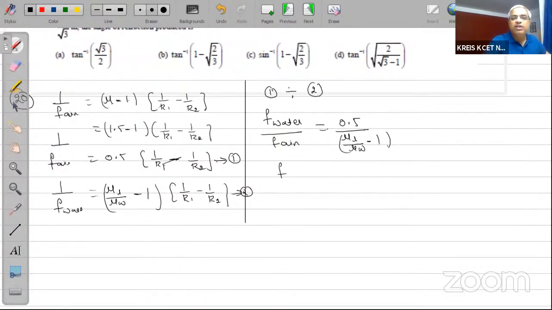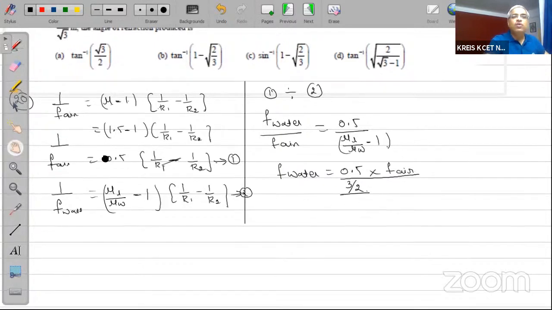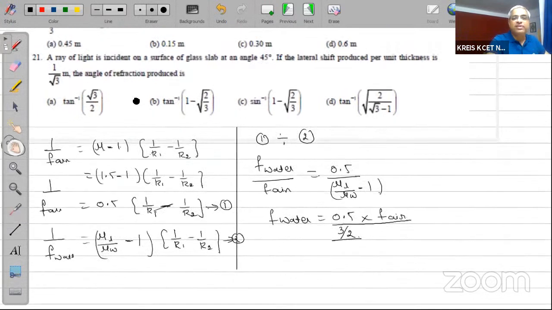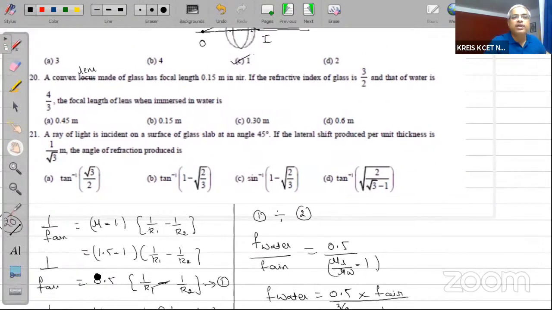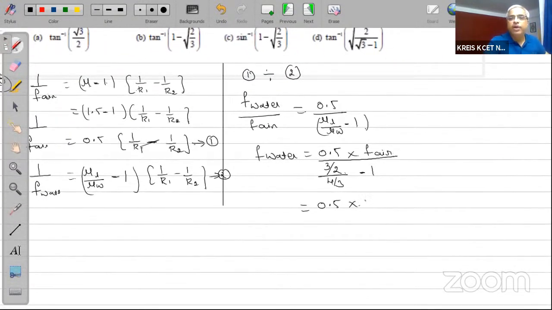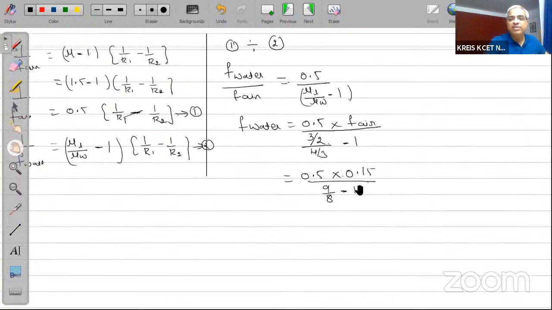And therefore, what is the focal length in water? It is equal to 0.5 into focal length in air divided by (refractive index of lens 3/2 divided by refractive index of water minus 1). What is the refractive index of water? It is given as 4/3. So we have 4/3 minus 1, and therefore I get 0.5 into the focal length of the lens in air, 0.15, divided by 9/8 minus 1. 9 minus 8 is 1, over 8.